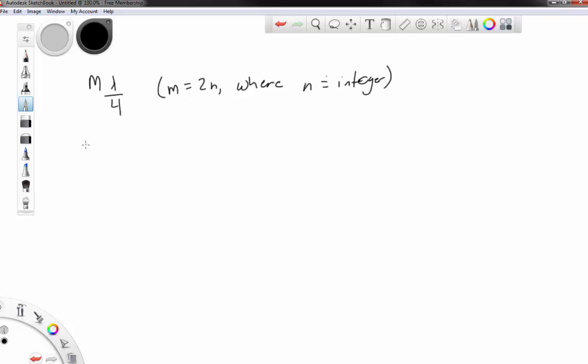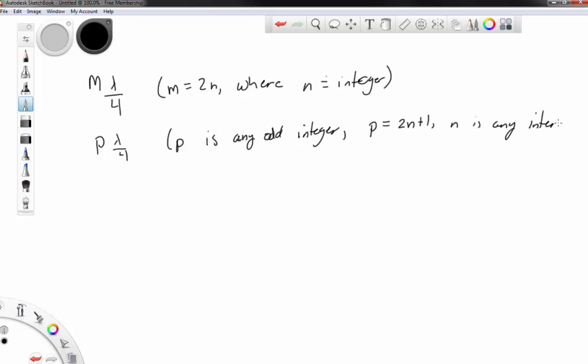And for the antinodes, you get one every p times lambda over 4, where p is any odd integer. That is to say, p is equal to 2n plus 1, and n is any integer from 0 on up to as high as you want.